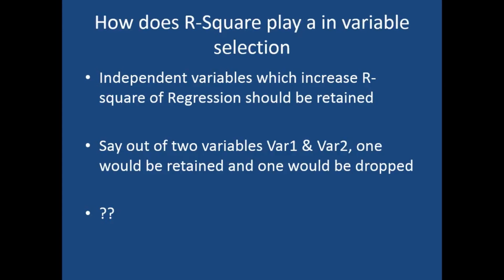Next, drop variable 1. Now you add variable 2 to the model. Now see how the R square value is changing. If the R square value changes more with variable 1, then it should be retained. Variable 2 should be dropped, right? So the one which is increasing the R square value more should be retained.